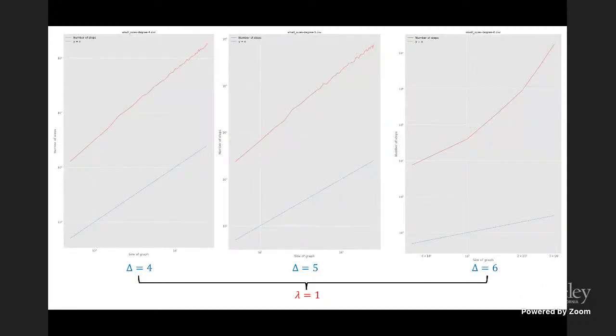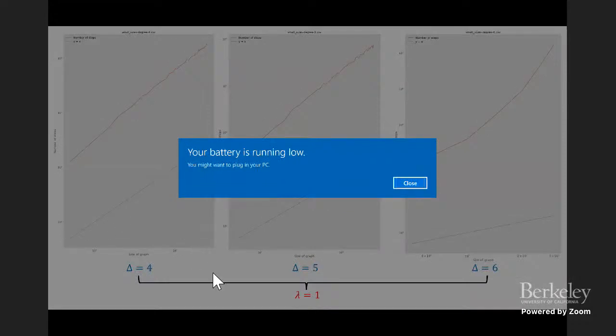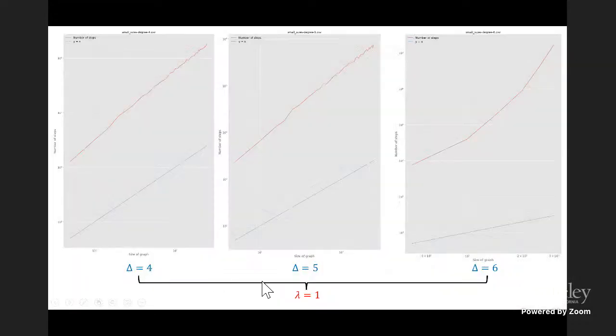As a final slide, I thought I'll show some graphs which demonstrate the number of steps we need, in terms of the size of the graph, until these two chains, the top and bottom chains, coalesce. So for delta equal to 4 and delta equal to 5, these are random regular graphs of degree 4 and degree 5. The number of steps roughly goes like a linear or close to n log n kind of function, and this is what we expect.